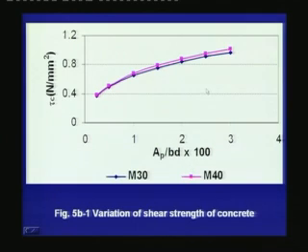There is not much difference between the two grades of concrete, and from this we can infer that in fact the strength of the concrete under shear, even for a cracked section, increases with amount of the pre-stressing steel.